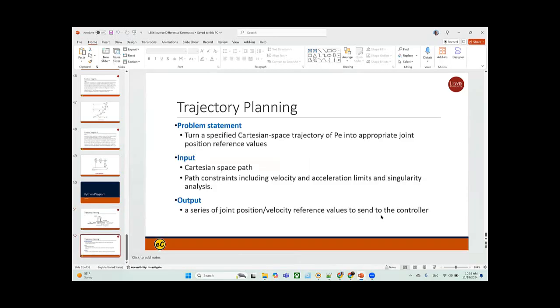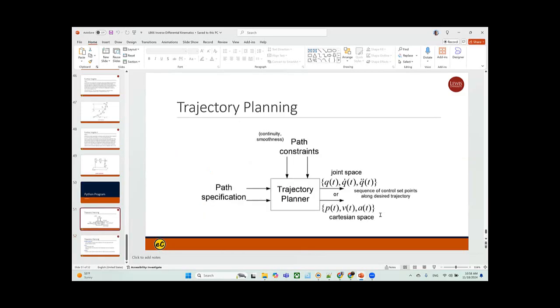Is that okay? So that is trajectory planning. Trajectory planning is to turn a specific Cartesian space trajectory into appropriate joint position reference rules. So you can calculate, based on the path that you want to go on, what kind of control variable, what kind of car speed you need to drive so that you will stay on the path.